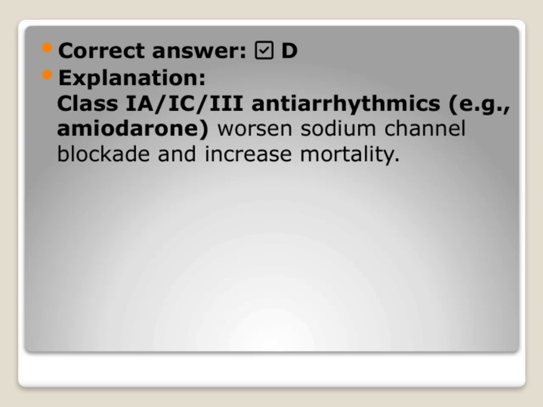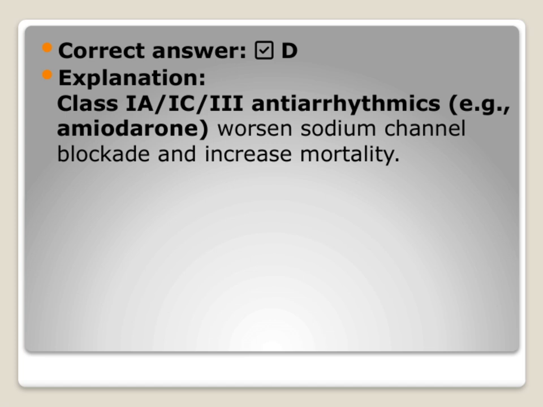Let's discuss why that is. Class IA, IC, and III antiarrhythmics, like amiodarone, are powerful drugs used to treat arrhythmias, but they also have some important risks. Specifically, these classes tend to worsen sodium channel blockade. And, as a result, they can actually increase mortality in certain patient populations.